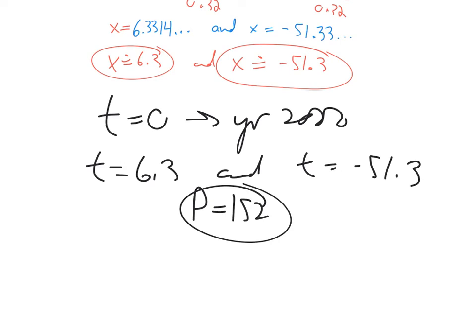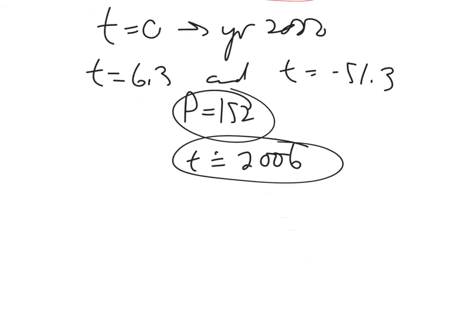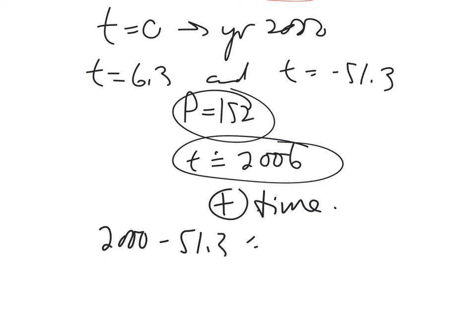So either we're going to add this to the year 2000. So approximately in the year 2000 plus 6.3, which is 2006, the population will reach 152,000 because we're moving forward in positive time. But technically we could consider negative 51.3, and we would take the year 2000 minus 51.3, which puts us approximately at 1948.7.